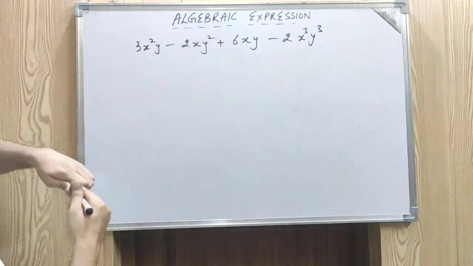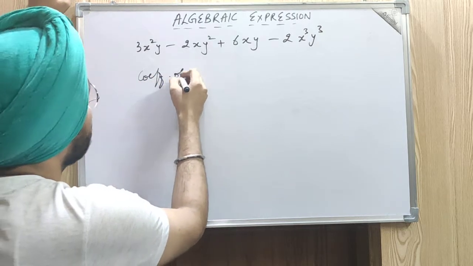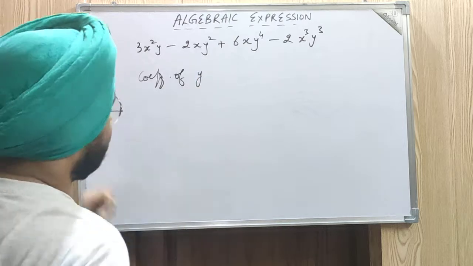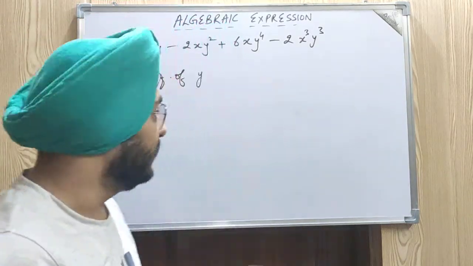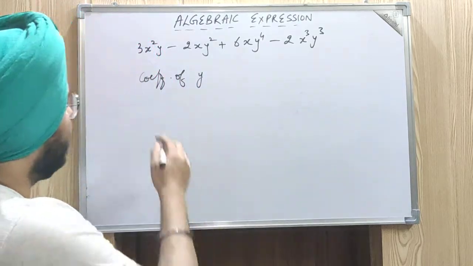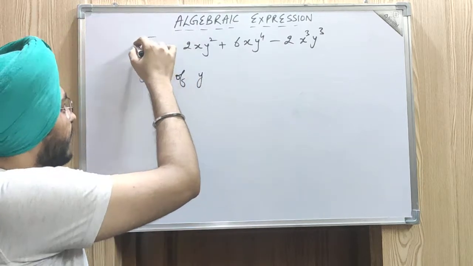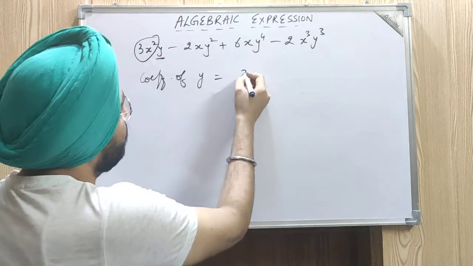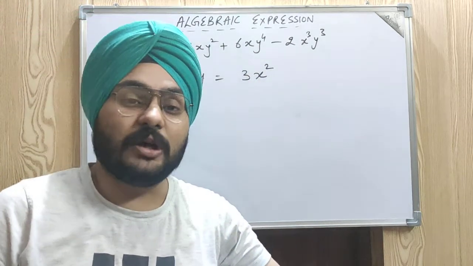Firstly, if it says find the coefficient of y, just see the y in all the terms here. Here we are having the y. Yes or no? The value which is written with y is what? 3x square. A simple thing. The coefficient of y will be 3x square only.